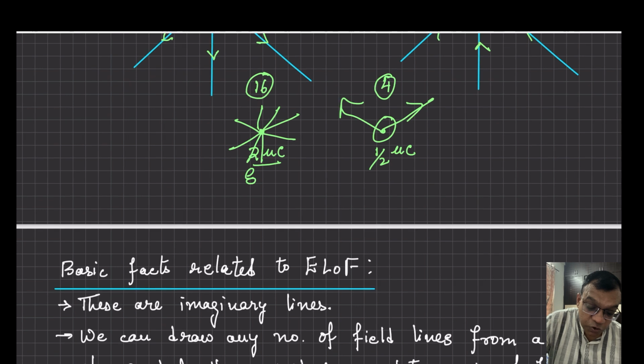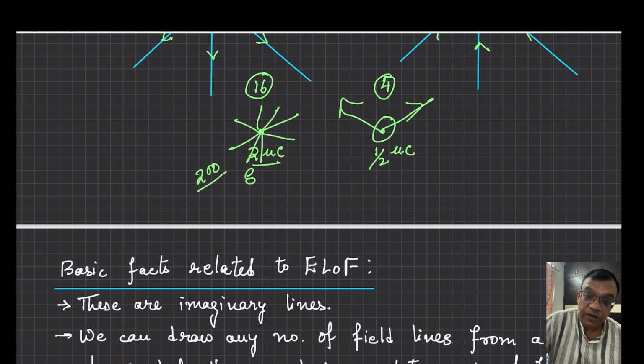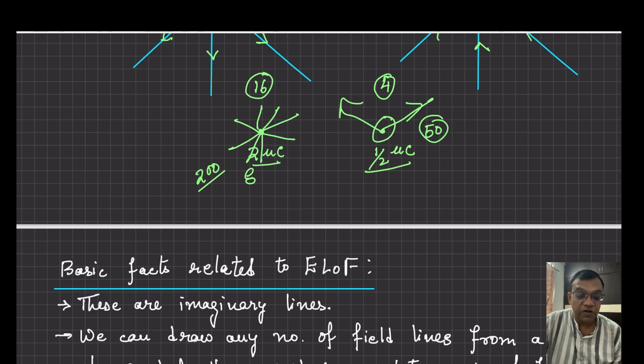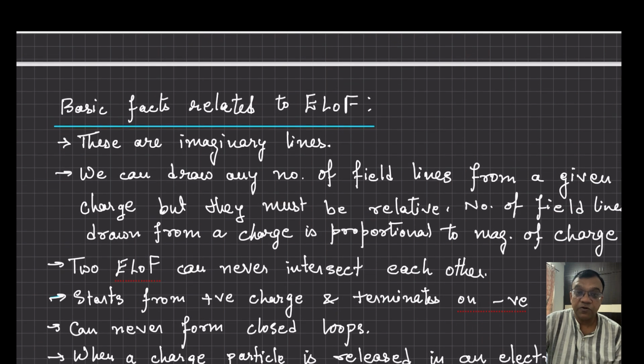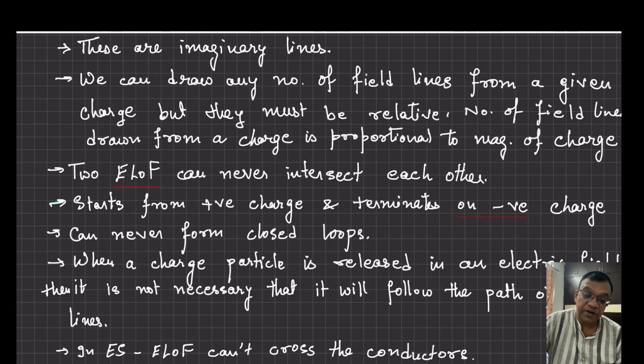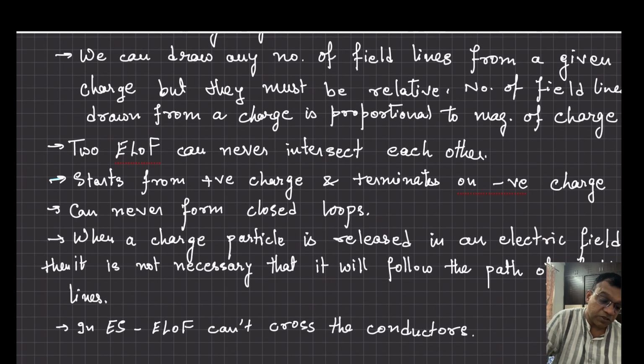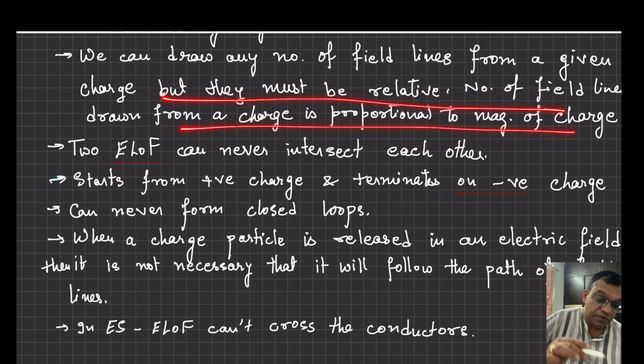If you draw 200 lines from here, then for 2 microcoulomb 200, then for half microcoulomb you have to draw 50 lines. The number of field lines must be relative, that must be proportional to the magnitude of the charge. This is a very important point. You remember this point, right?